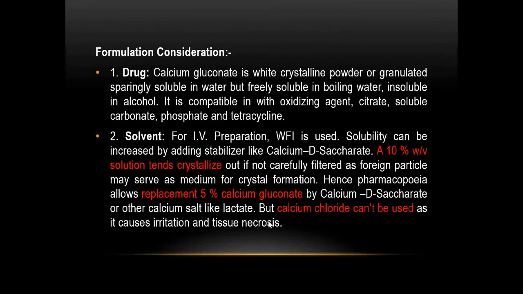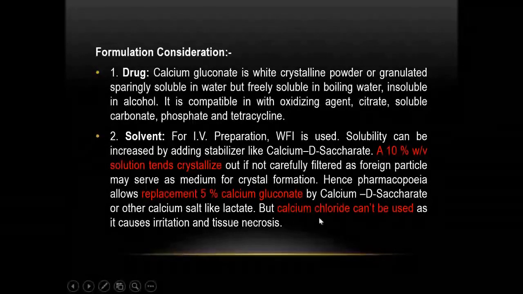Wherever you give injections which contain calcium chloride, it may cause irritation and tissue necrosis at the site of injection. So that's why 5% is always replaced by calcium disaccharide only, but not by calcium chloride.